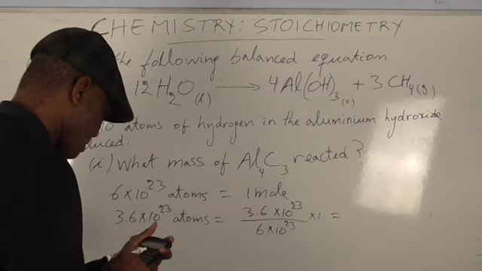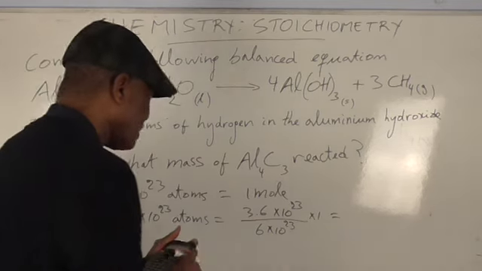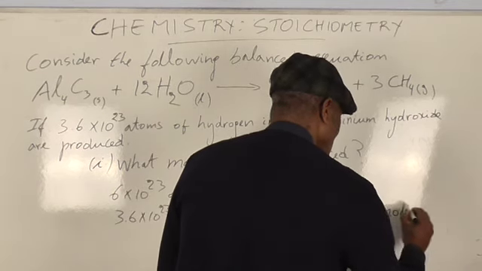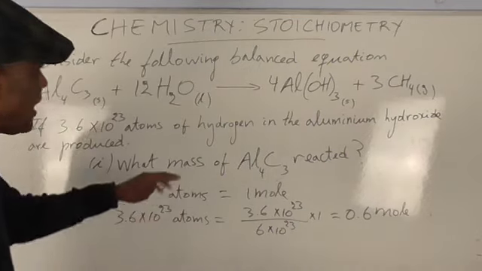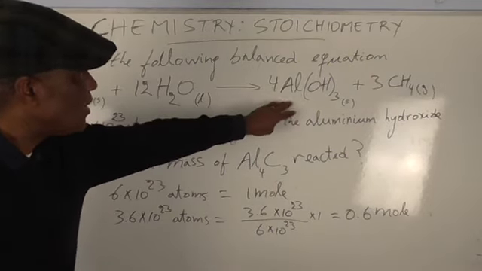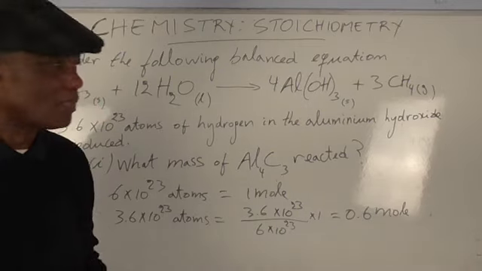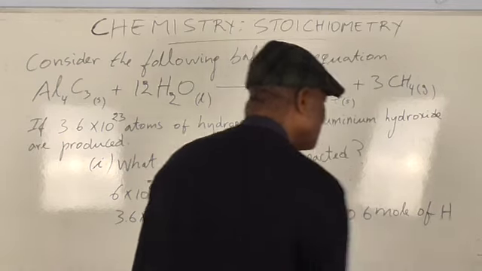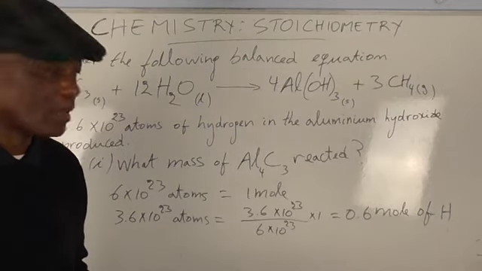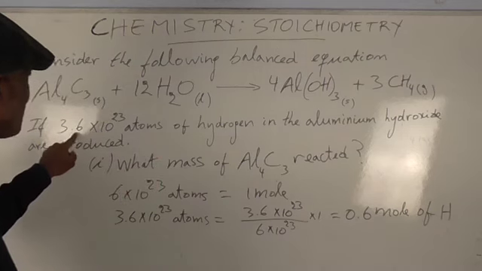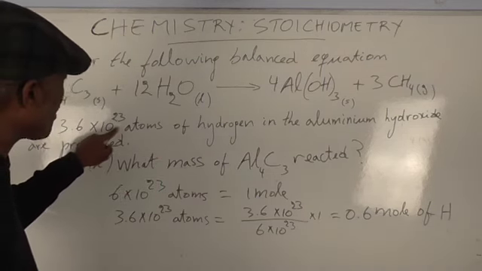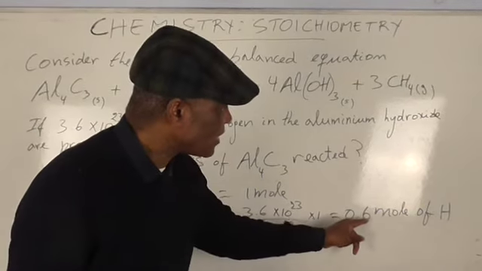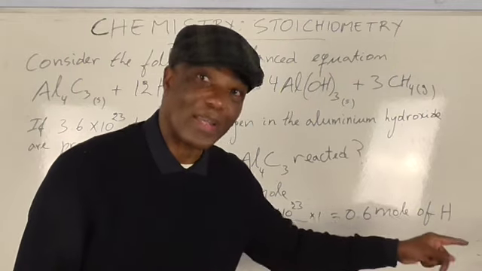So this gives 0.6 mole. So that means 0.6 moles was produced there. So 0.6 mole of hydrogen atom. Okay, so this number 3.6 multiplied by 10 to the power 23 atoms of hydrogen represent 0.6 mole of hydrogen atom.